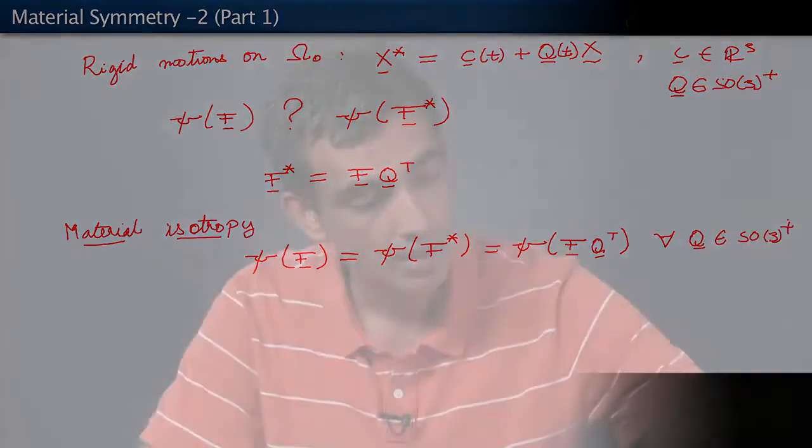Okay? For any rotation. So what it is saying is that the material that makes up this ellipsoid is such that it doesn't matter how you rotate the material, how you rotate the reference configuration, before presenting it to the deformation.